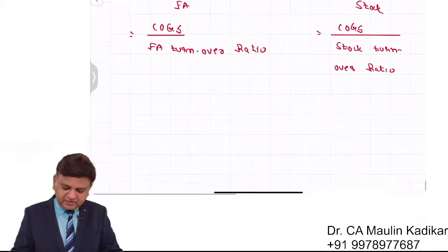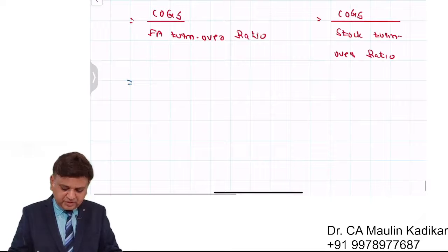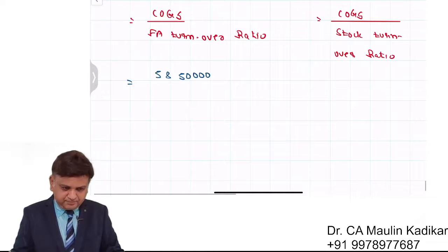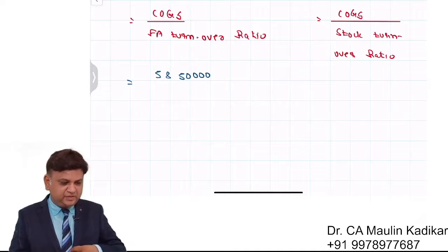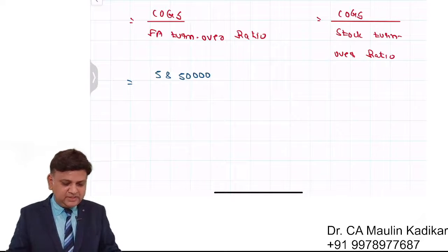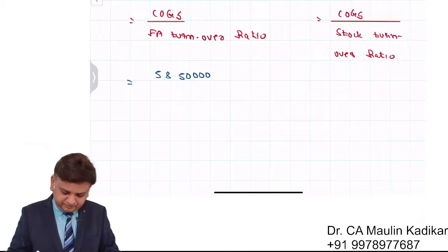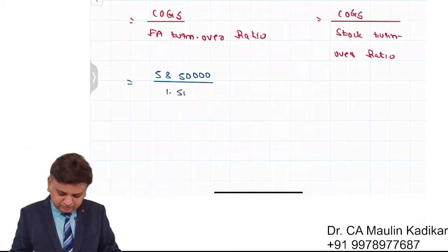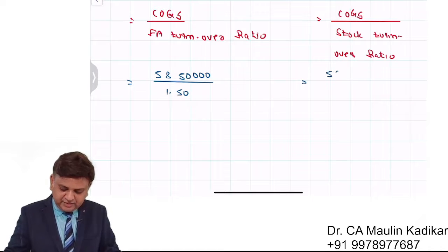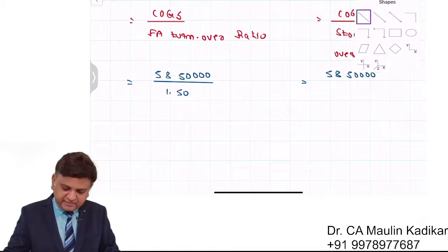In the first case, COGS is 58,50,000 divided by the fixed asset turnover ratio of 1.5. On the other hand, 58,50,000 divided by 6.